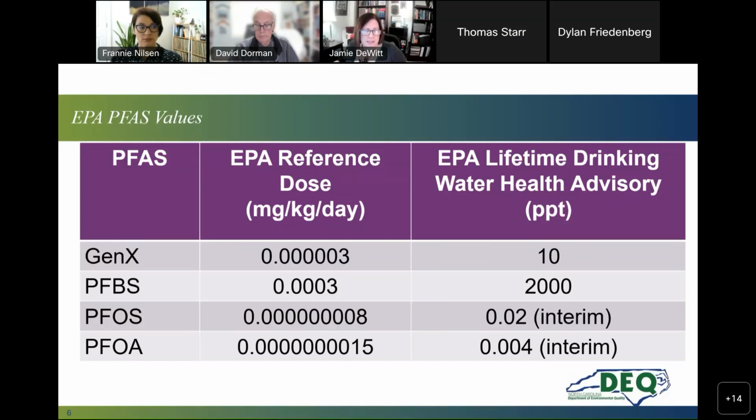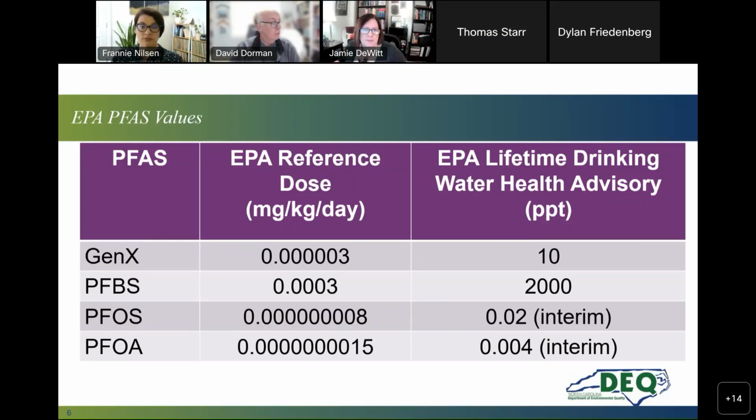And I believe, and I haven't looked at it as recently, that the critical effect for PFBS was kidney effects. Franny, you can correct me if I'm wrong on that. I believe so. Yeah, it was kidney. So I think these vary because of the critical effects upon which they were based, but there also are some differences in the uncertainty factors that then lead to these differences in the final values.